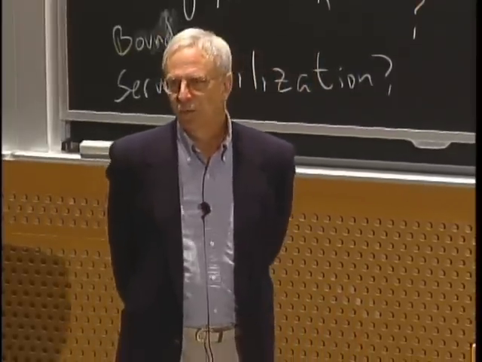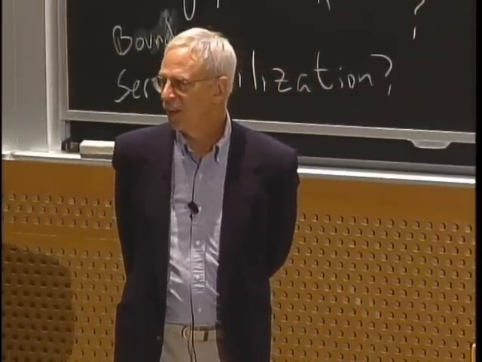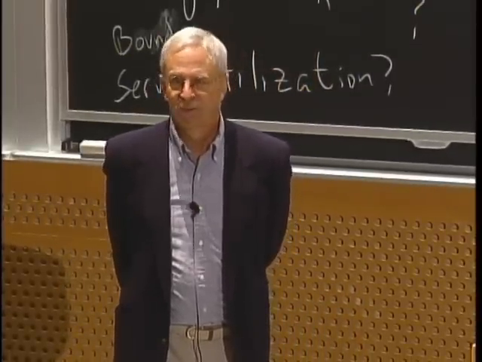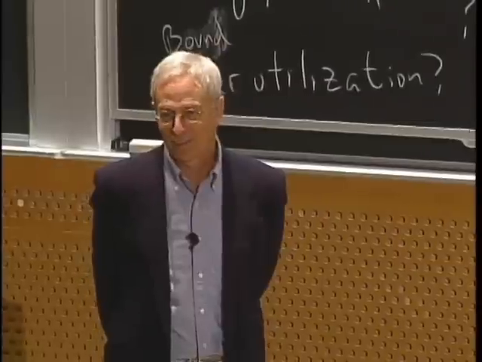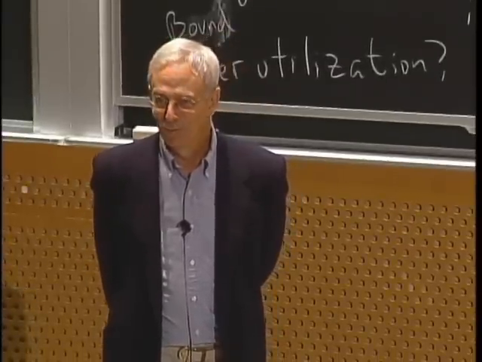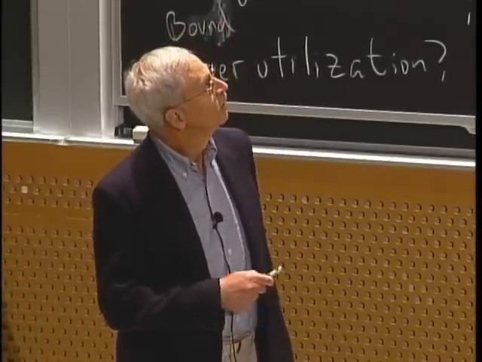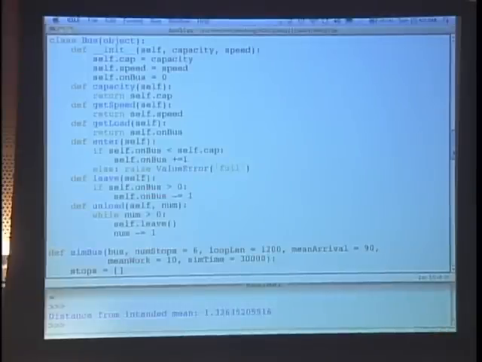The speed has to do with how fast it goes from stop to stop. And for simplicity, we're going to assume that this depends only on the bus itself, not on the traffic. Not true in Cambridge and Boston, of course. But we can't get everything in a code that we can get through in one lecture.